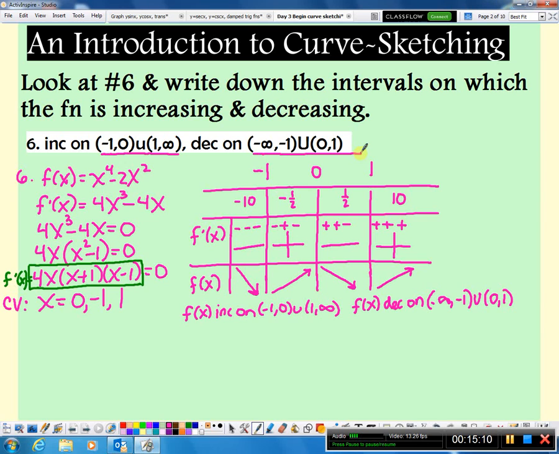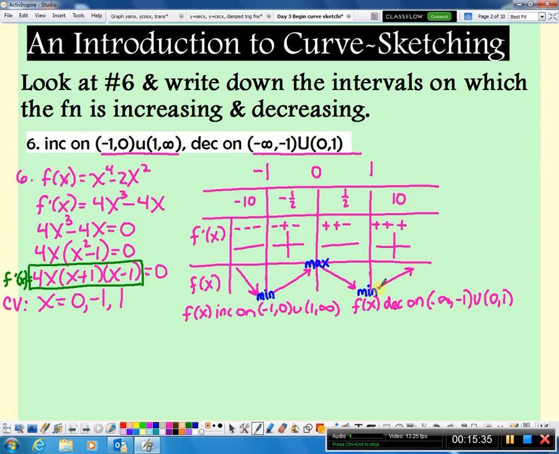So now it's time to talk about maxes and mins. And look, do you see if the graph goes down and then up, this would be the site of a min. If the graph goes up and then down, I create a max. If the graph goes down, then up, I create a min.